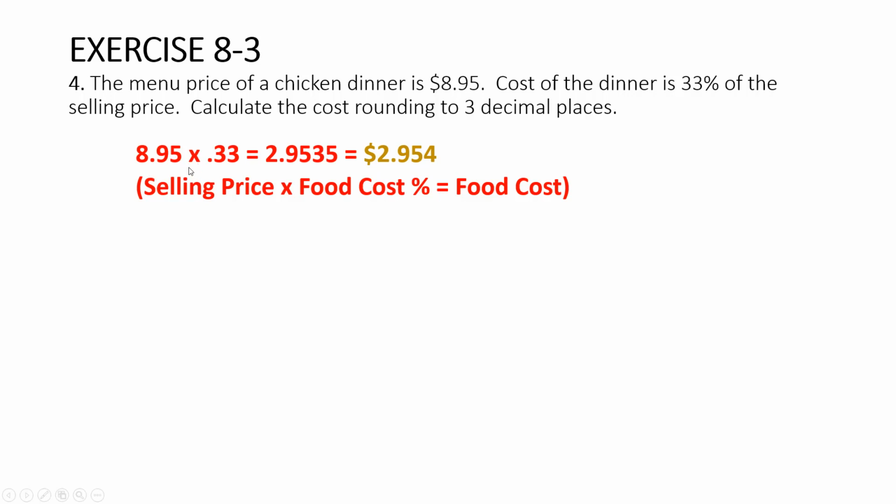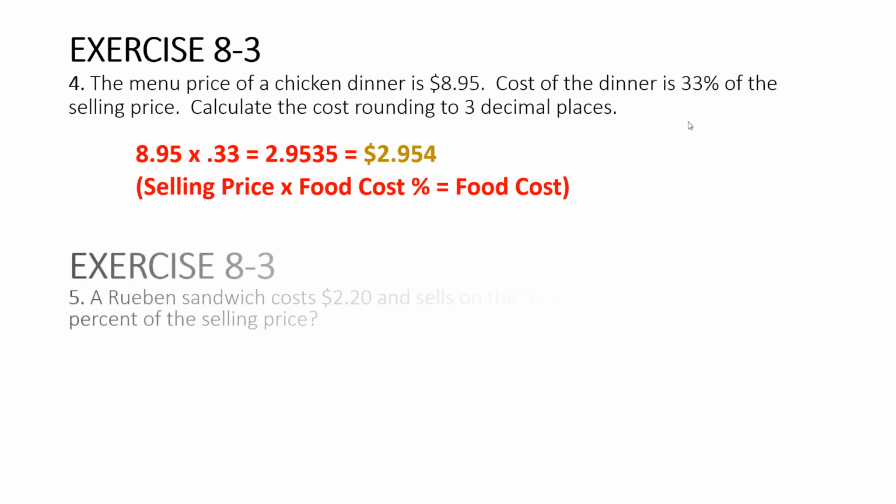In this case, $8.95 times 33%, rounded to 3 decimal places, is $2.954. In other words, we have just over $2.95 to put together this chicken dinner, so we can sell it at $8.95 if our food cost percent is 33%.